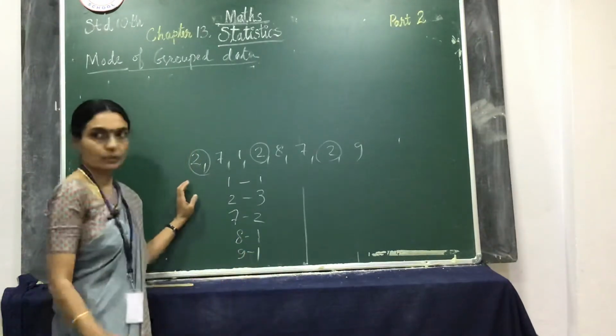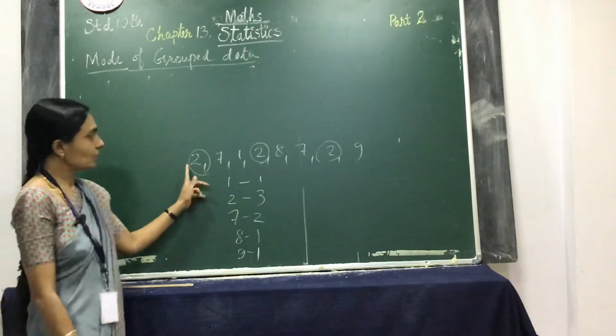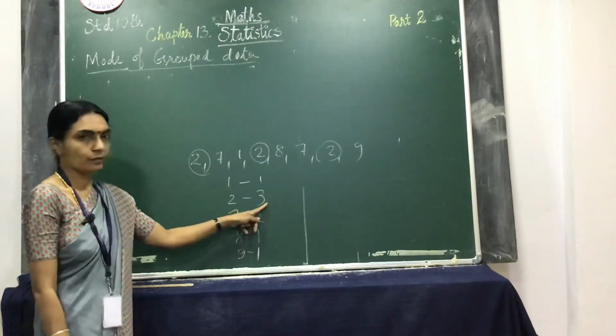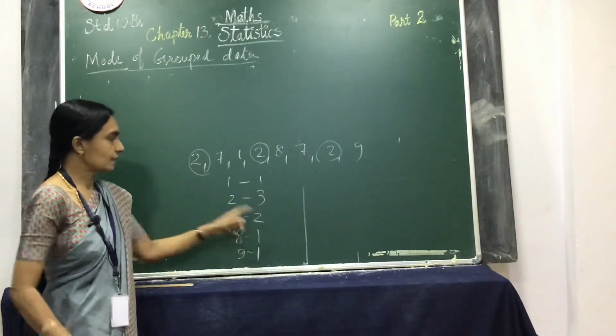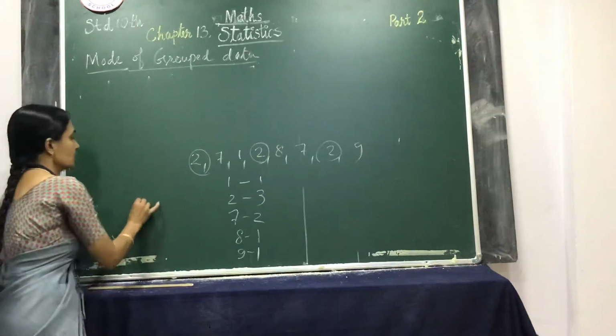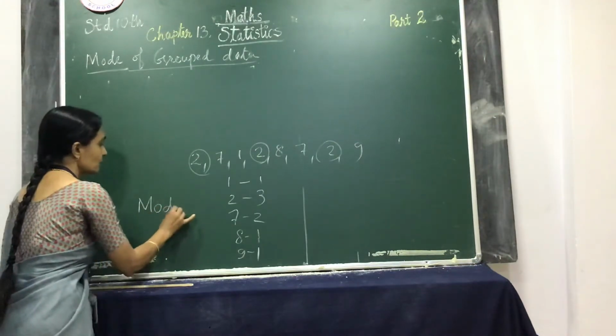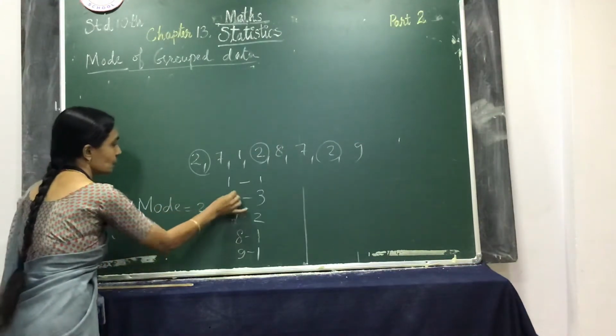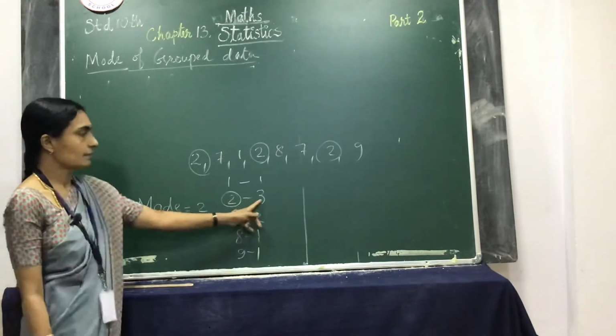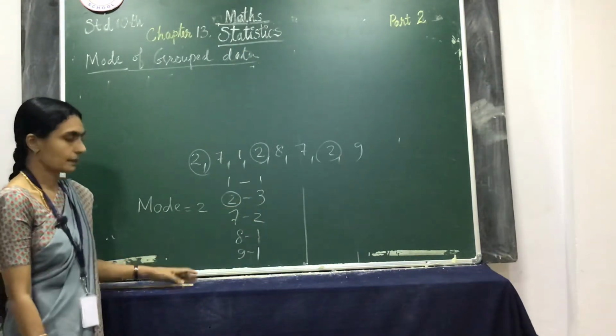So from the given observations we can see that 2 occurs the most number of times, and the mode of this observation is 2, that is the observation having the highest frequency.